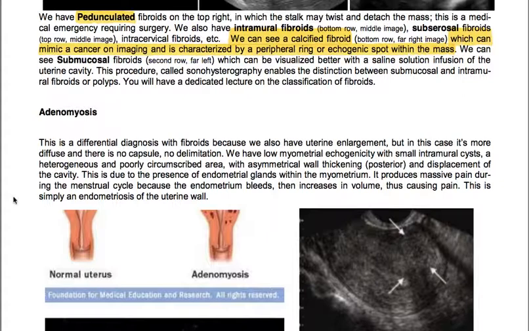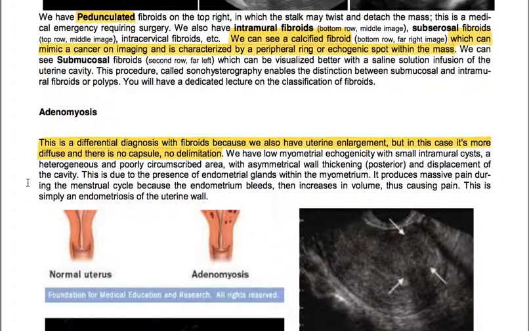Adenomyosis is a differential diagnosis with fibroids because we also have uterine enlargement, but in this case it's more diffuse and there is no capsule, no delimitation. We have low myometrial echogenicity with small intramural cysts, a heterogeneous and poorly circumscribed area, with asymmetrical posterior wall thickening and displacement of the cavity.